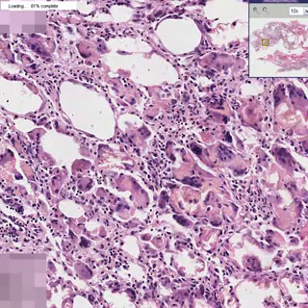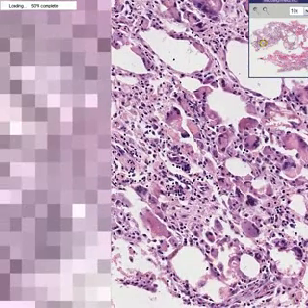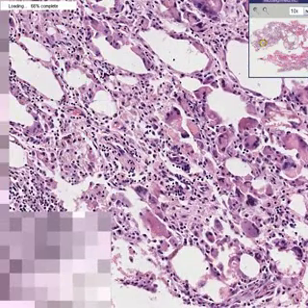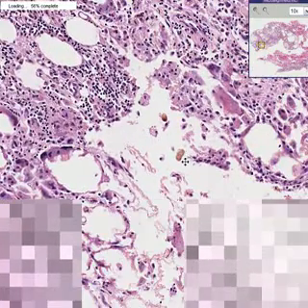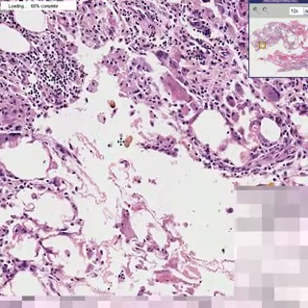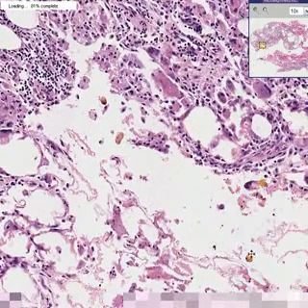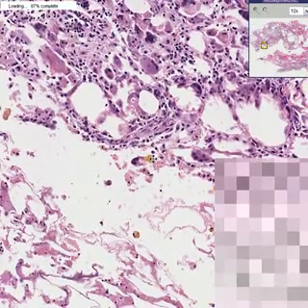And the third feature of fat necrosis, which we should have no trouble finding fairly soon, are these macrophages here that are laden with a golden pigment typical of hemosiderin, because it is hemosiderin.